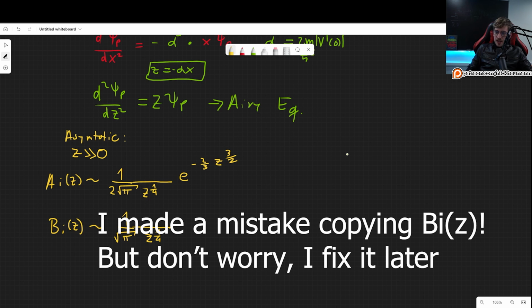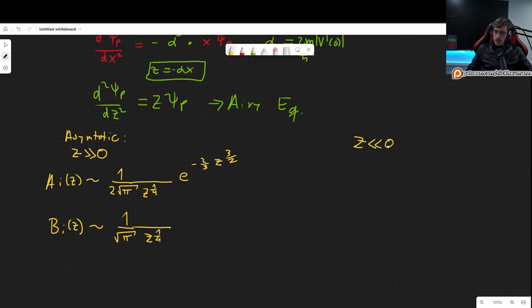And then we have, for what used to be, basically when we have very large negative numbers, Ai, which is approximately 1 over square root of pi times minus z to the 1/4, and then sine of 2/3 times minus z to the 3/2 plus pi over 4.